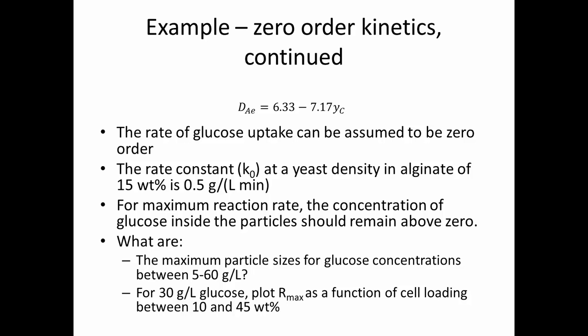What are the maximum particle sizes for glucose concentrations between 5 and 60 grams per liter? For 30 grams per liter of glucose, plot R max as a function of cell loading between 10 and 45 weight percent. So we've got two different things. We're considering particle sizes here, and then we're considering different amounts of cell loading in the second part.